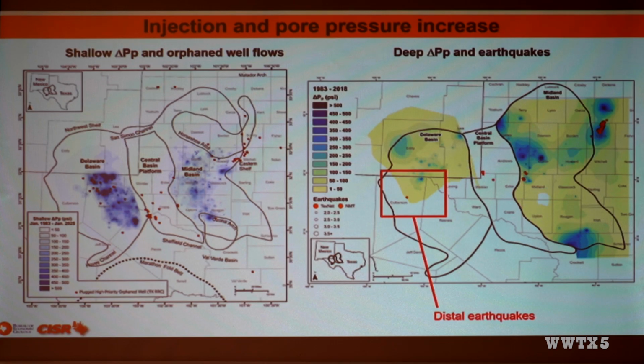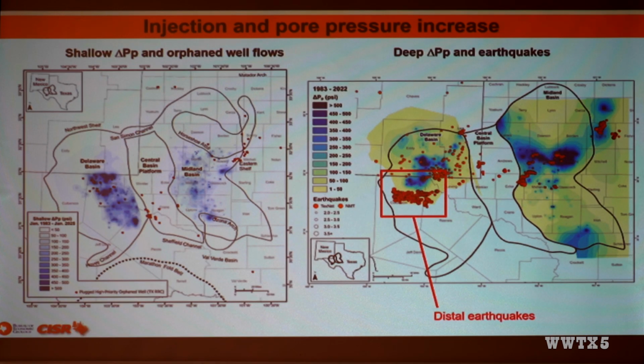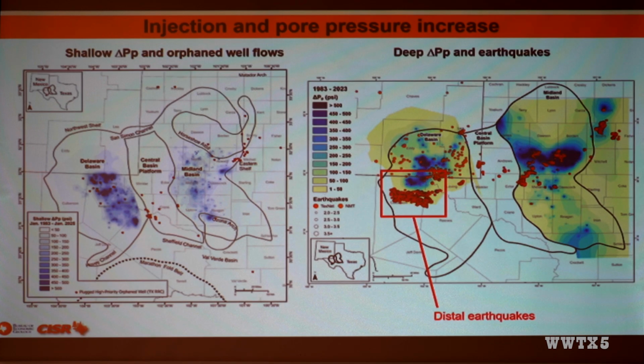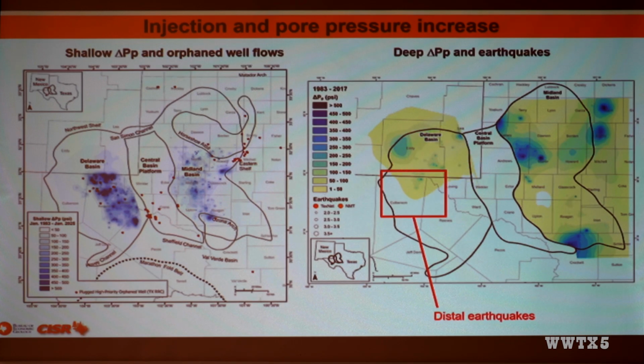We see the same thing in the Barnett, in the Fort Worth Basin. We see the same thing in Oklahoma. So it's a fairly common observation that you get earthquakes far away from the injection wells. That means nobody is really responsible for those earthquakes, and everybody is. It's just the general buildup in pressure causing that problem.